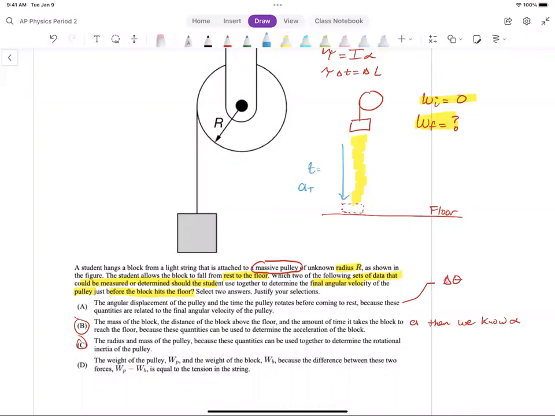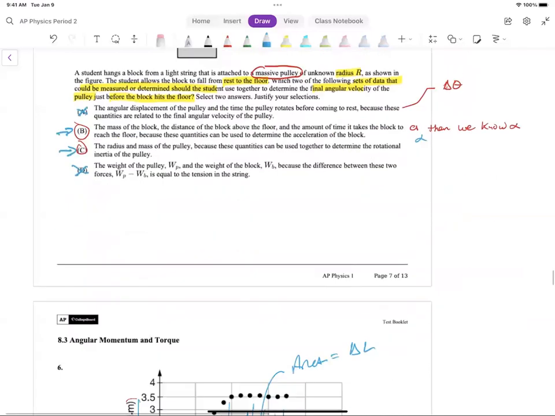If I know the linear acceleration, I can then use the bridge equation and find the angular acceleration if I know the radius, which is why I have to have C. So I need the radius, and then I can determine all quantities necessary to calculate the final velocity. I don't need this, and I don't need this.